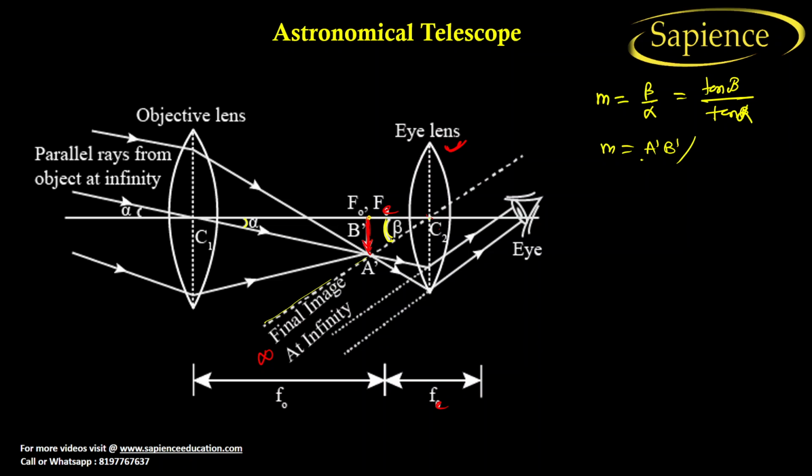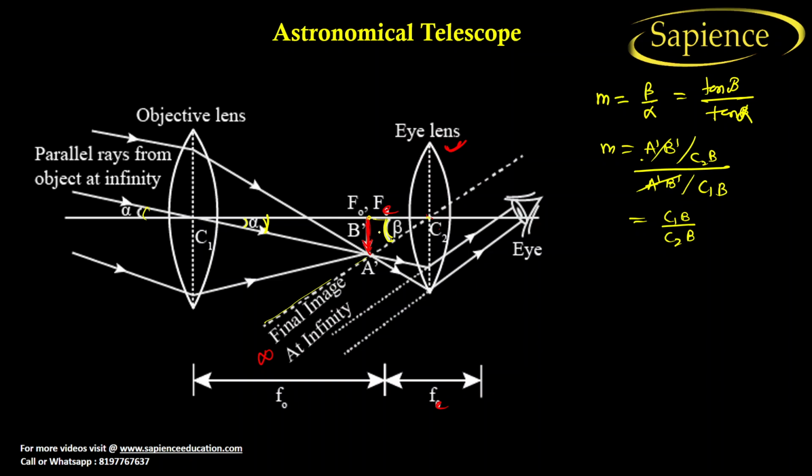See here, C2B, because it is a triangle. And tan alpha is again equal to a dash b dash divided by, this is an angle alpha, because it is a vertically opposite angle, so we can consider this as alpha. This can be written as C1B. So finally a dash b dash got cancelled out. What we are getting is C1B divided by C2B. Got it?